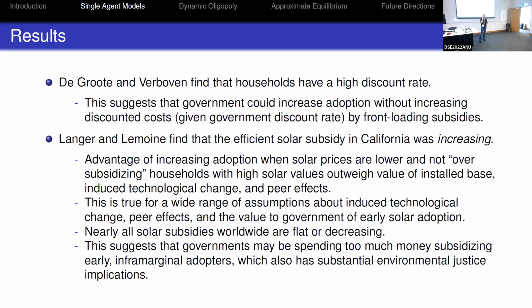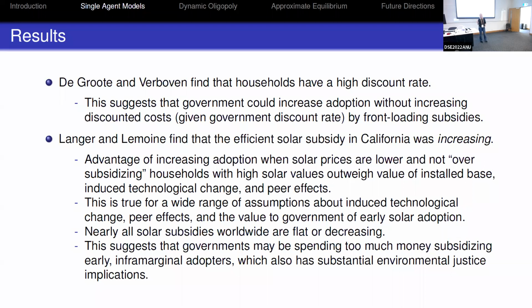All right, so what do we find in these two papers? I didn't go into the details of estimation at all because it's basically nested fixed point. In one case in CCP, in the other, it's just what you've learned already. So DeGroot and Verboven find that households have a high discount rate in the teens. I guess there's a question of whether you think that's particularly high, but we don't need to get super deep into that.